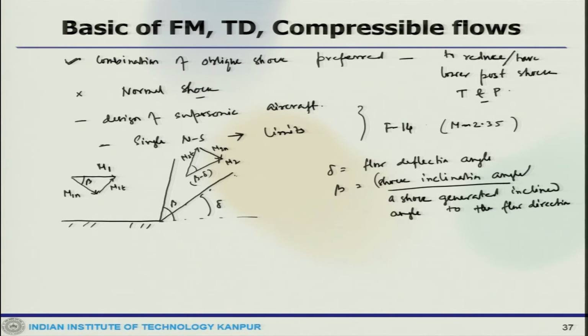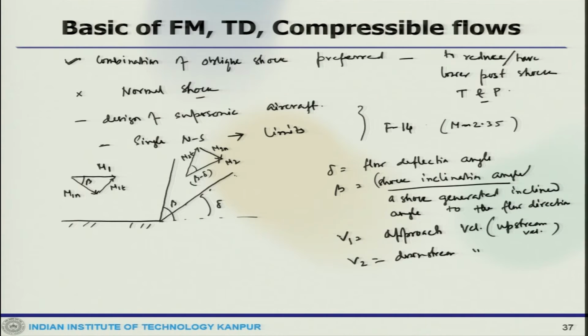Now, the flow approaches with a velocity V1, so this is the approach velocity, or one can say the upstream velocity ahead of the shock. It is turned through an angle delta and passes through the shock, leaving with a velocity V2. So, this is the downstream velocity, downstream of the shock.